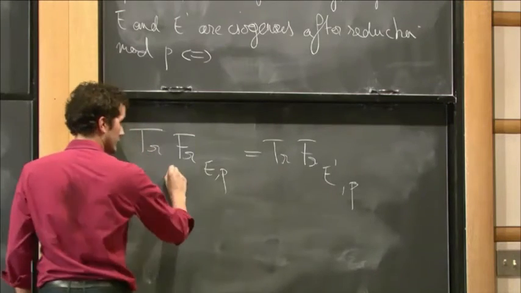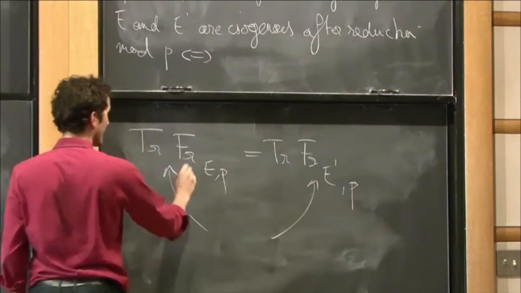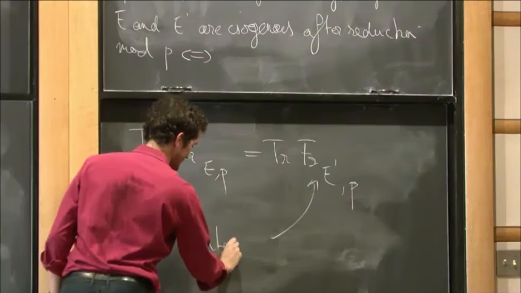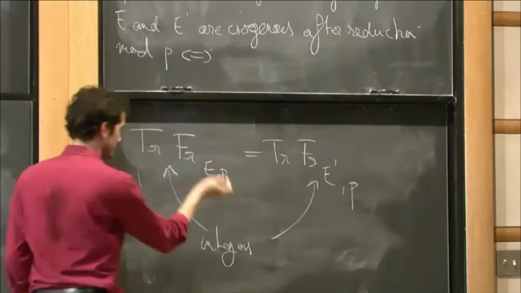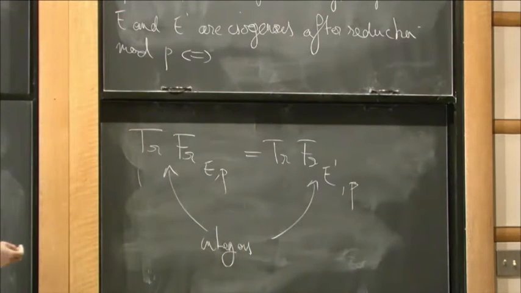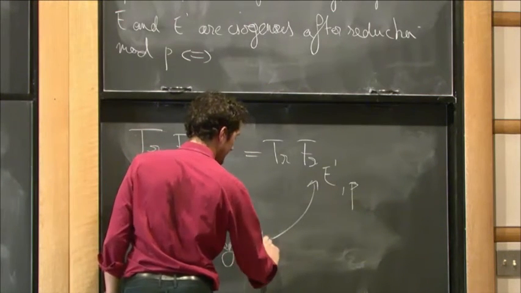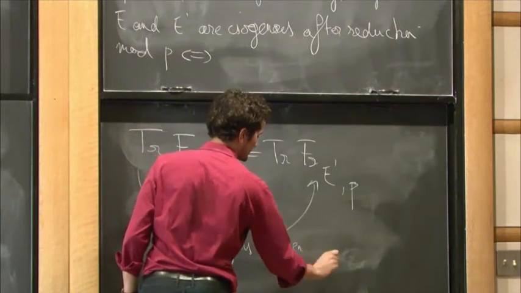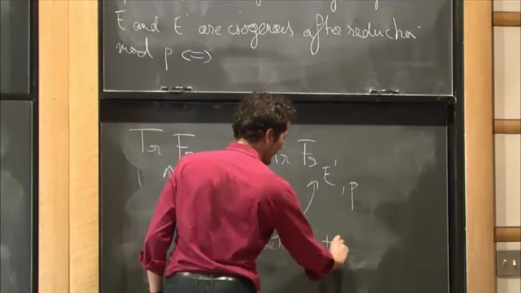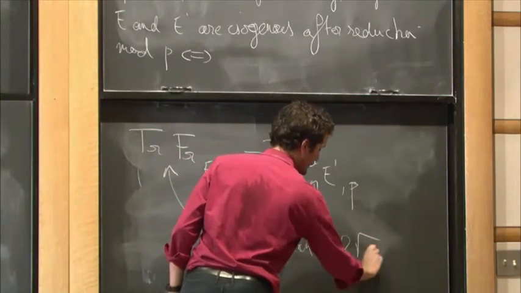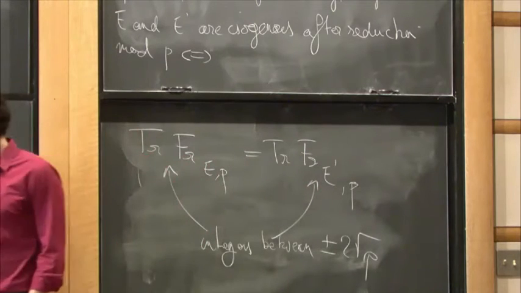And these two things are, by the Weil conjecture, integers between plus and minus 2 square root of P, right?